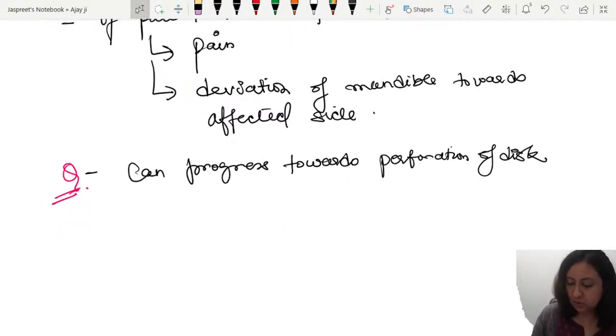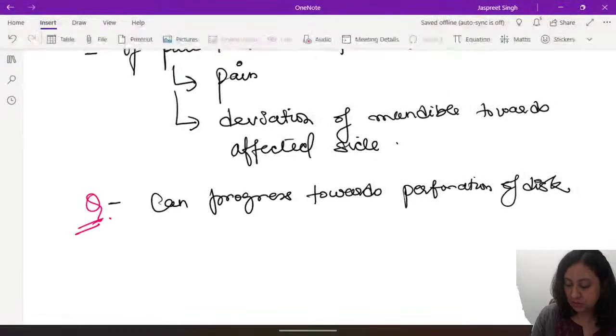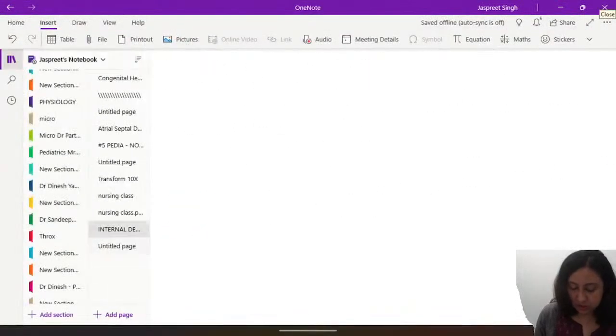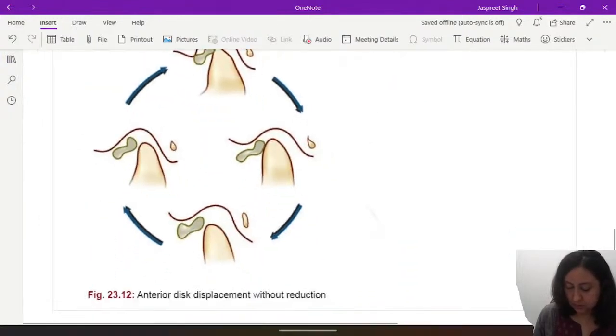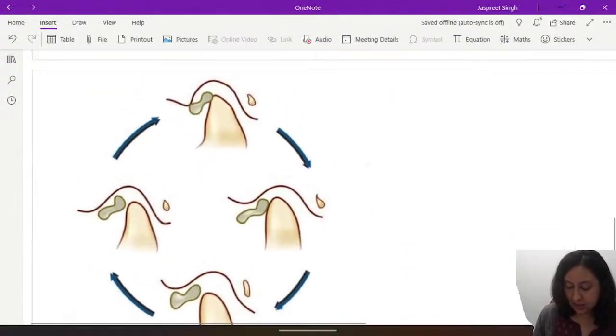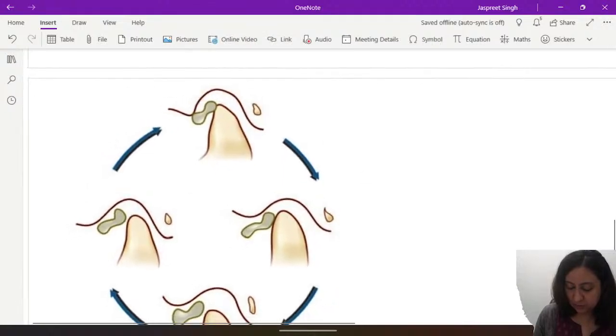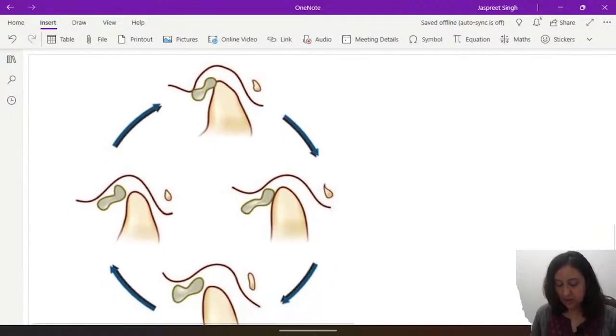Now let's come to the diagram. This is anterior disc displacement without reduction.